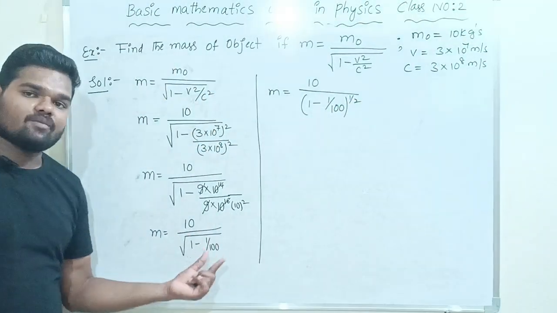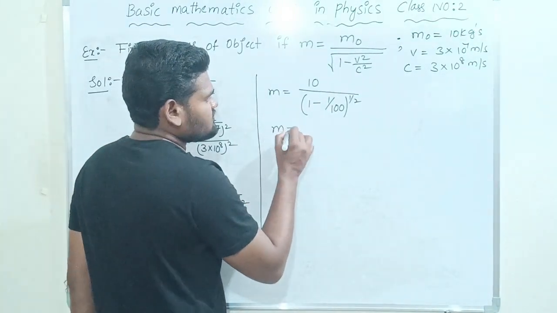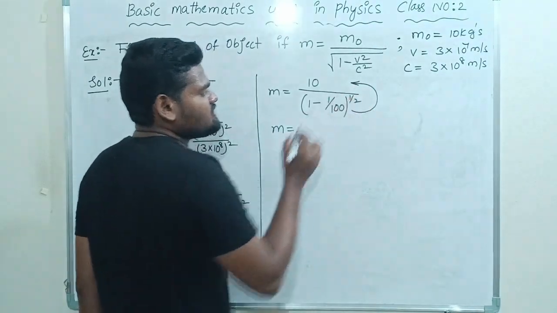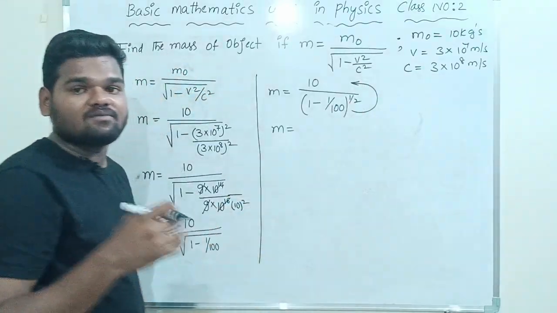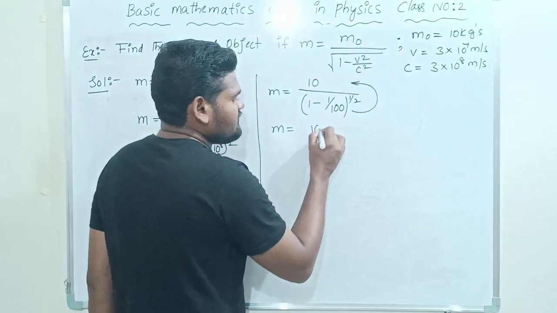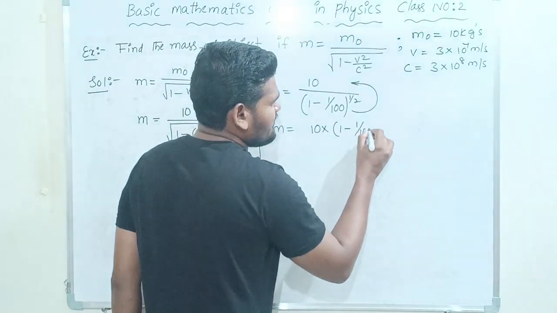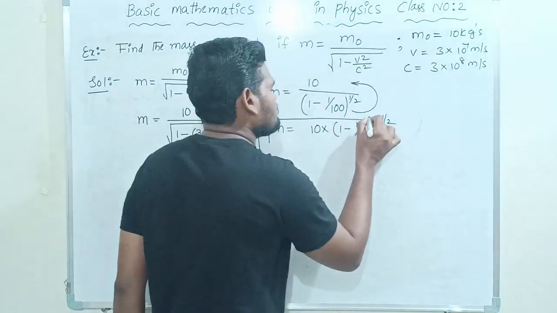So root is nothing but what? Power 1 by 2. Okay, so m is equal to, if you bring this term to the numerator, then the power becomes negative. So 10 by 10 into 1 minus 1 by 100 whole to the power of minus 1 by 2.